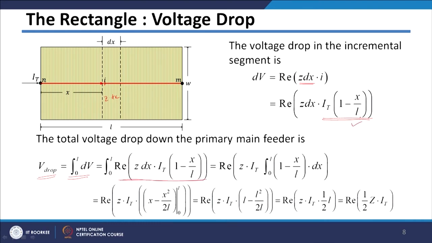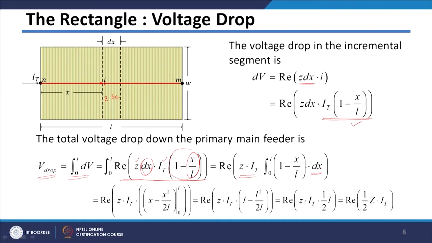If you observe this equation, the distance-related terms will get integrated, and other things are constant, which will come out. So Z and IT will come out, as they are not dependent on distance. So we integrate 1 minus x by L in bracket with respect to dx, from 0 to L.